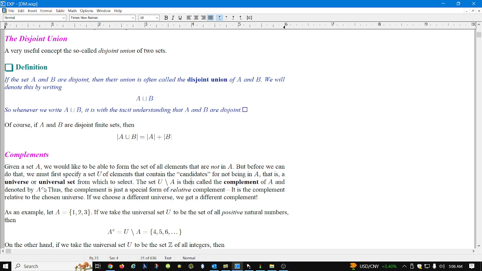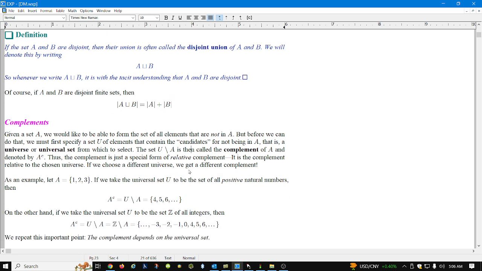It's denoted by A super C. It's dangerous because if you just say, here's a set, tell me what the complement is, the response should be, well, I can't tell you that until you tell me what the universe is.